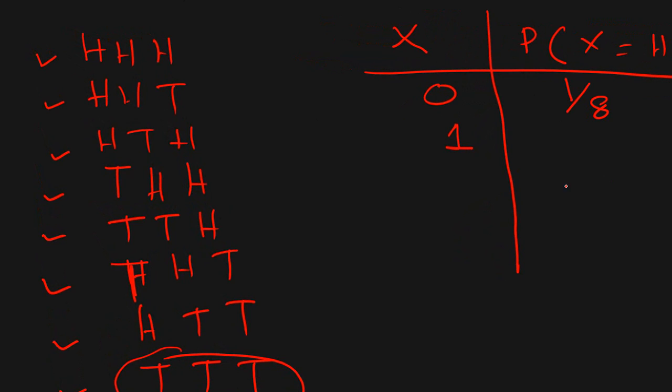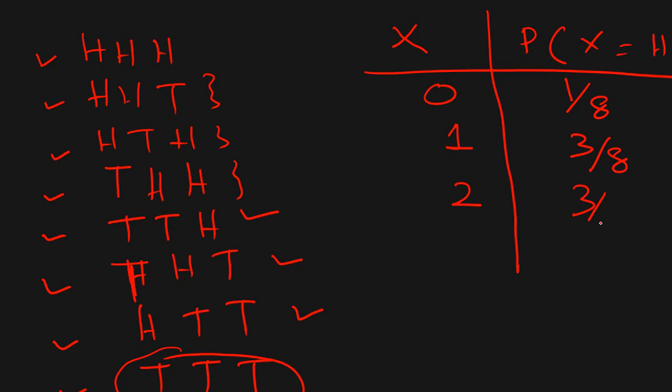And when are we getting only one head? Well, that's happening in only 3 cases, right? It's happening here, here, and here. So that's happening 3 times. So the probability of getting exactly one head is 3 by 8. Probability of getting 2 heads, well, it's happening here, here, and here, right?